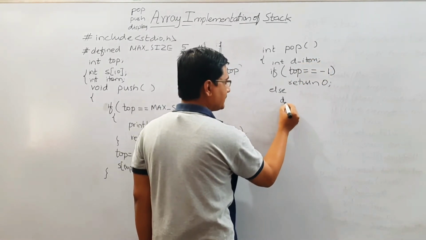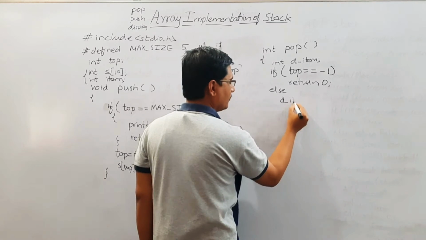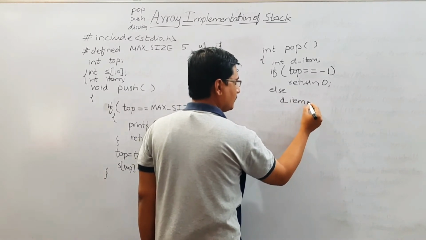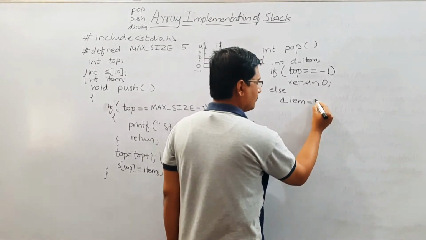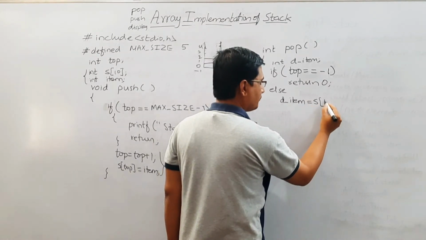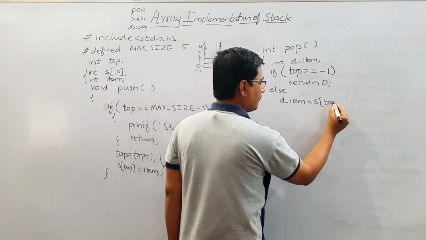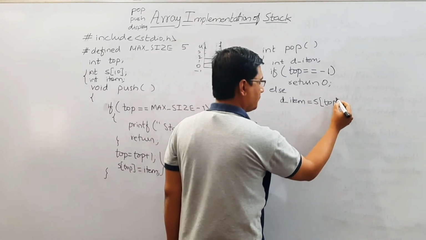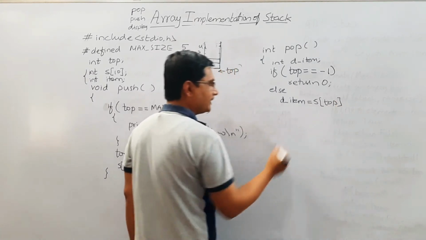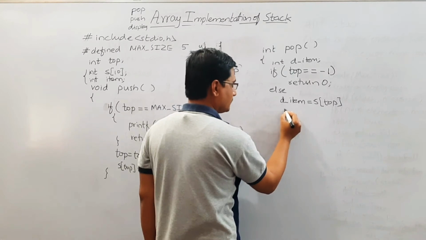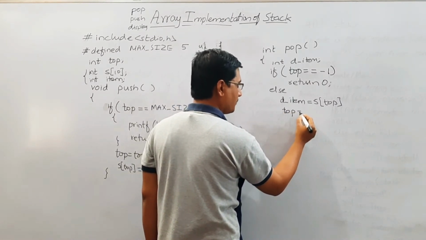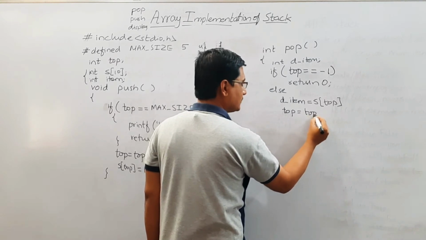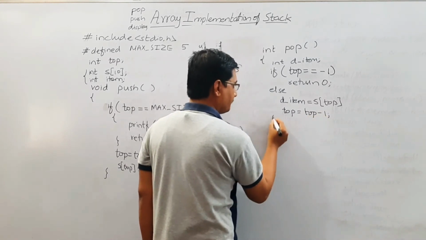So d item equal to s of top, and decrement the top. That's all. It is top minus minus, or top is equal to top minus 1, like this.